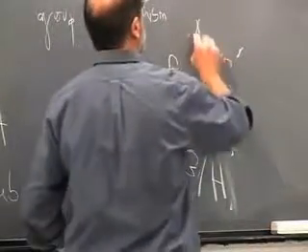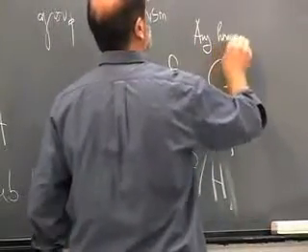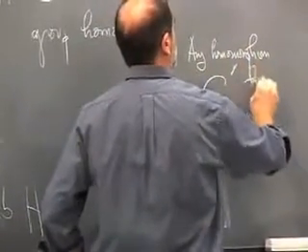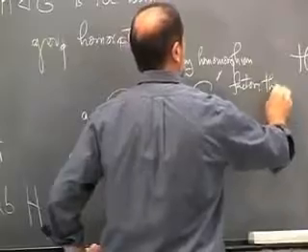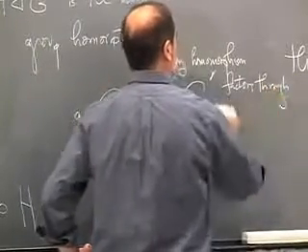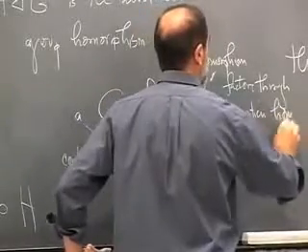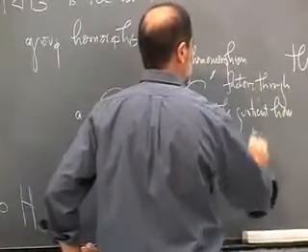Okay? The quotient, this canonical homomorphism by the kernel.